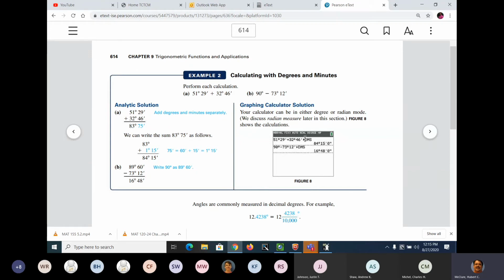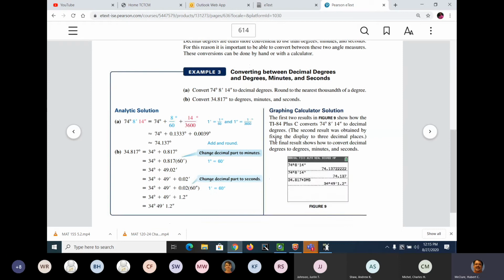Okay? Now, converting between decimal degrees and degrees, minutes, and seconds.